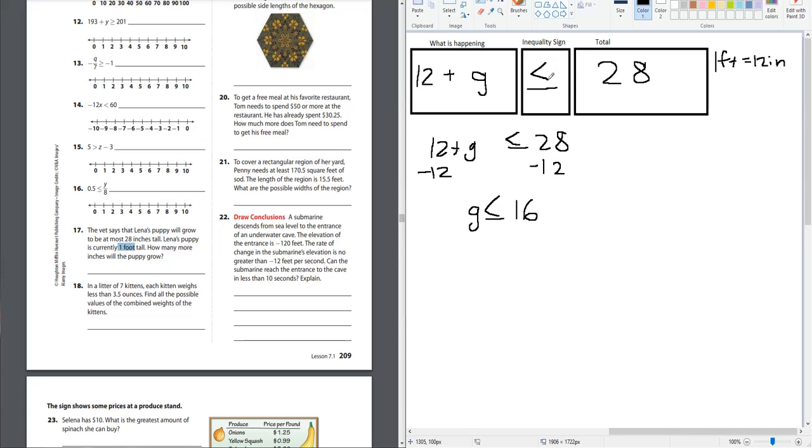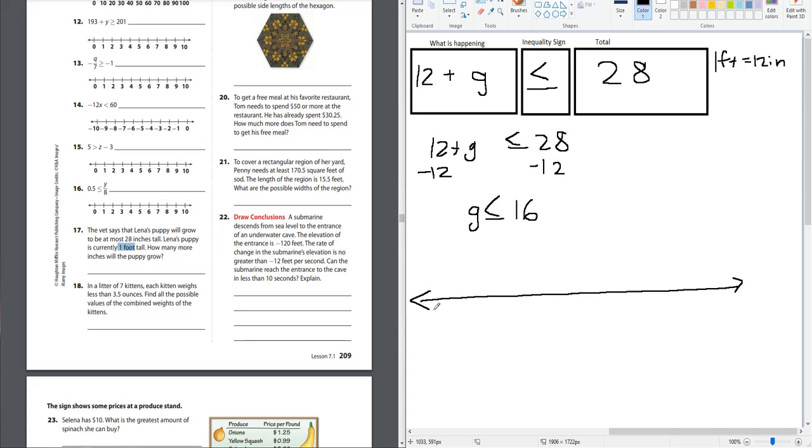This is telling you that this left side will always be smaller or equal to this side. Originally, when I had it the other way, this was saying that the right side would be smaller. Remember, the open side is saying that that side is bigger. So we want the right side to be bigger because it's not going to be above 28. So G is less than or equal to 16.